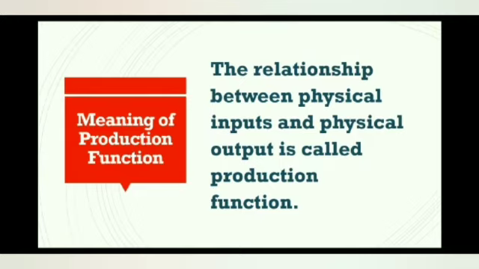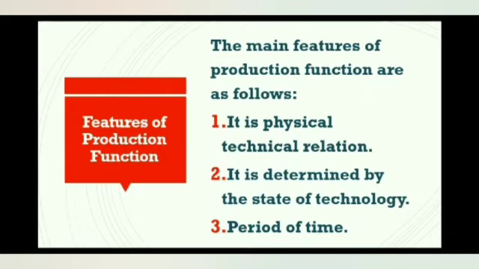Next, features of production function. The main features of production function are: number 1, it is physical-technical relation; number 2, it is determined by the state of technology; and number 3, period of time. So point number 1 is, it is physical-technical relation.